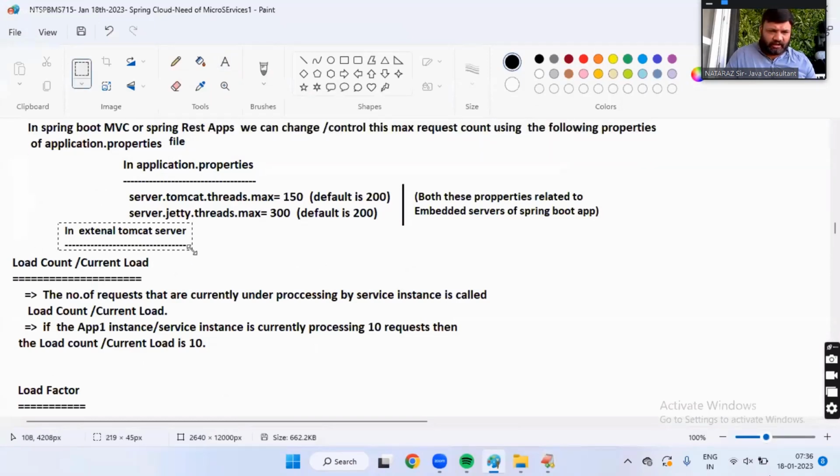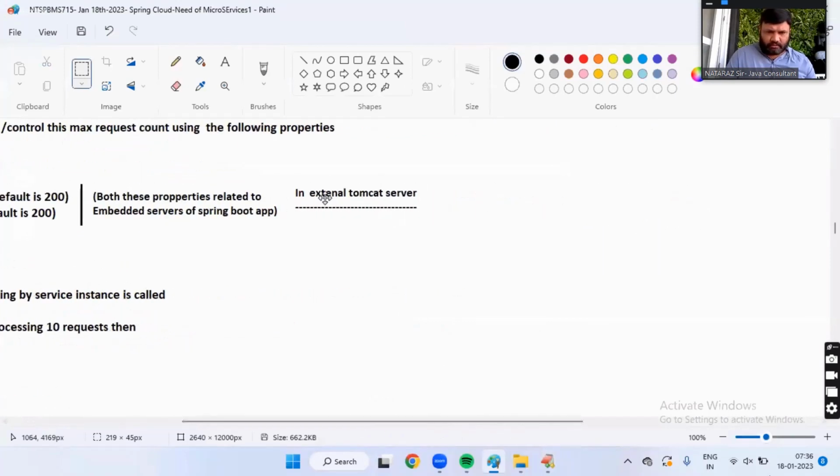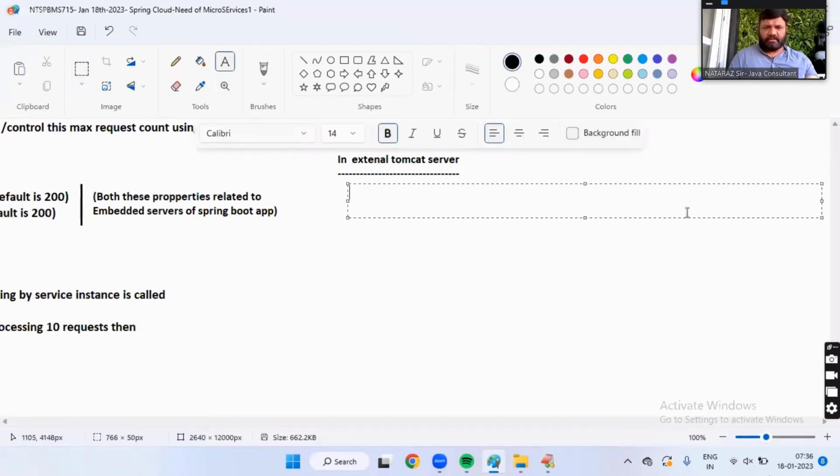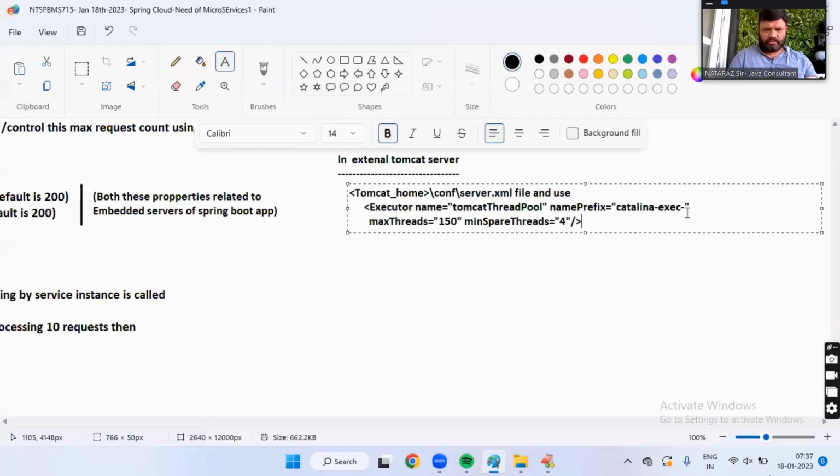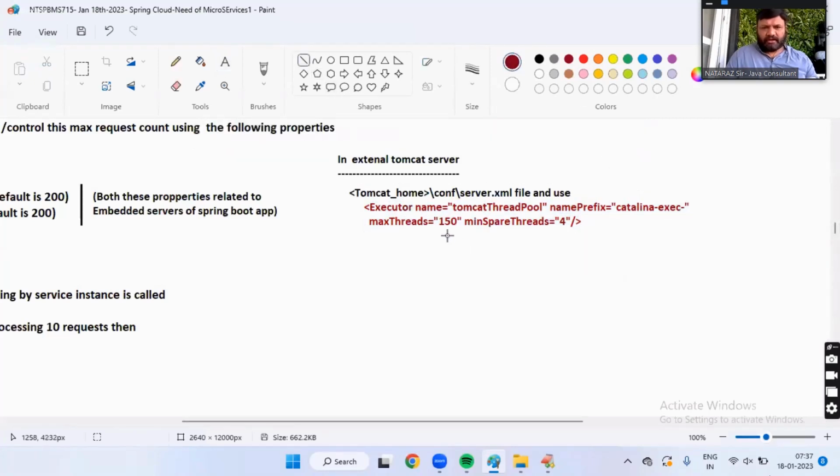Where, in external Tomcat? In Tomcat home/conf/server.xml file, use the executor tag with max threads of 150.